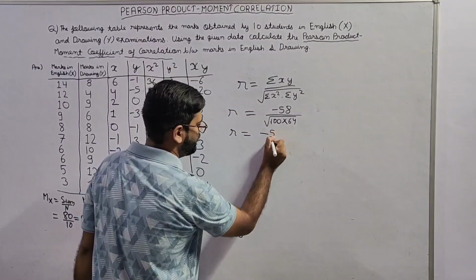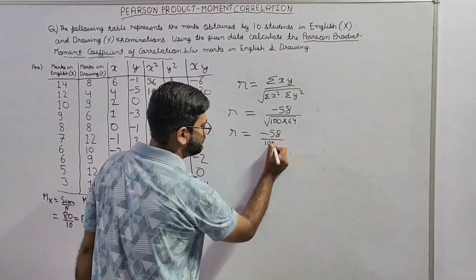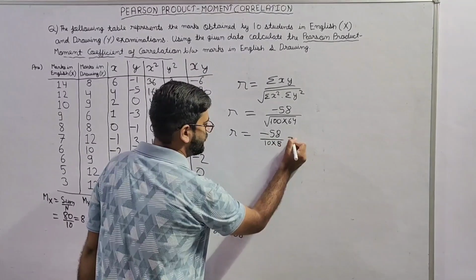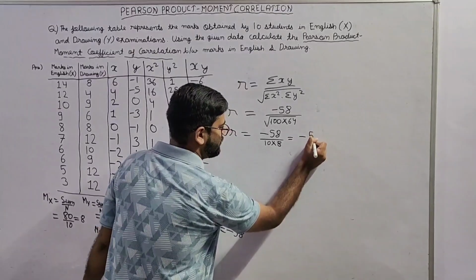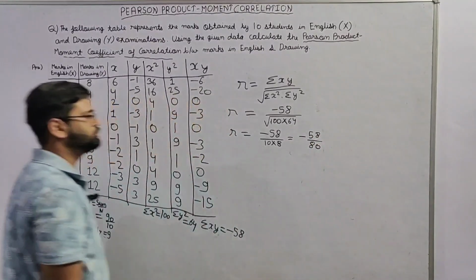So minus 58 upon 10 into 8, that is minus 58 upon 80.